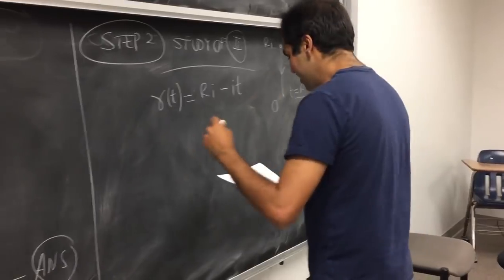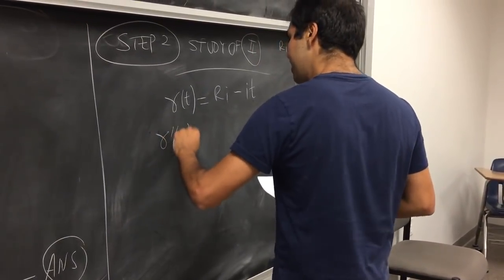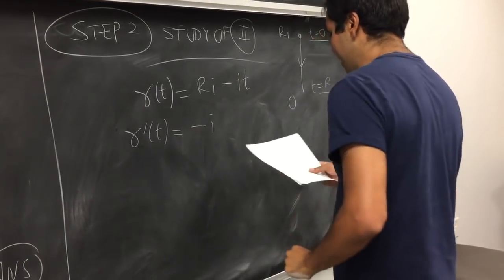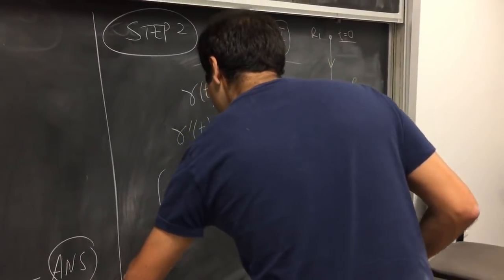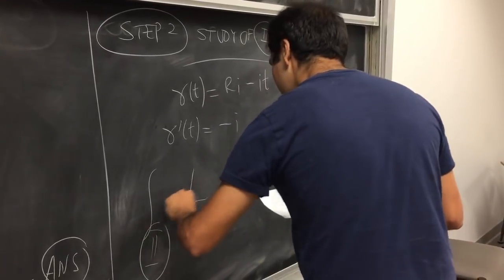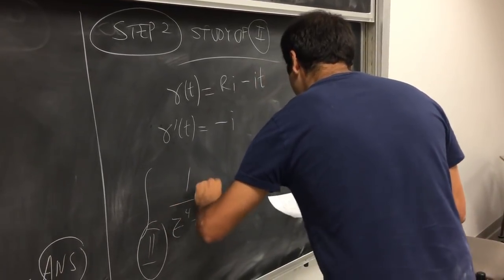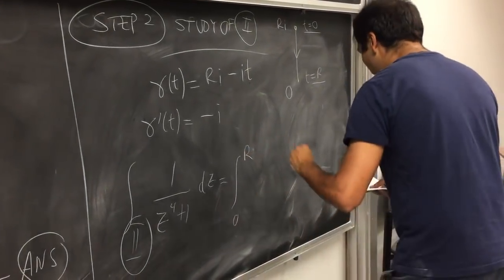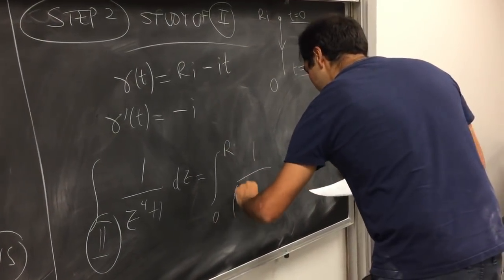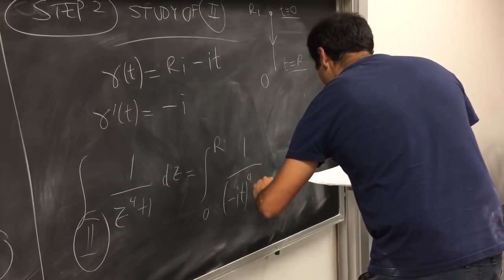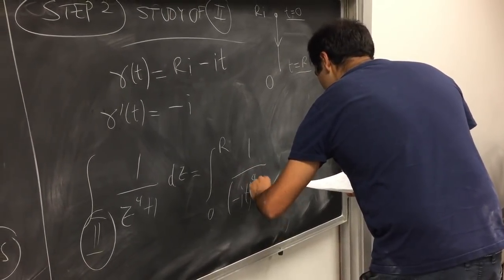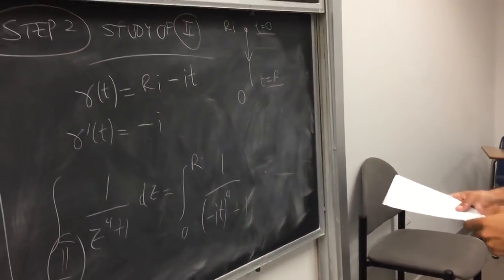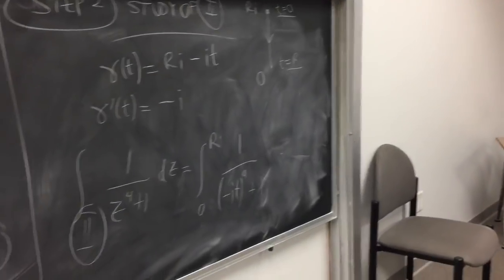So we're good. Then we also need the derivative, which is minus i. Those are both ingredients we'll need. So the integral of 1 over z to the 4th plus 1 dz is the integral from 0 to r of 1 over (Ri minus it) to the 4th plus 1, times phi prime of t.